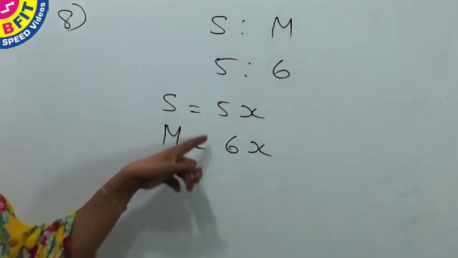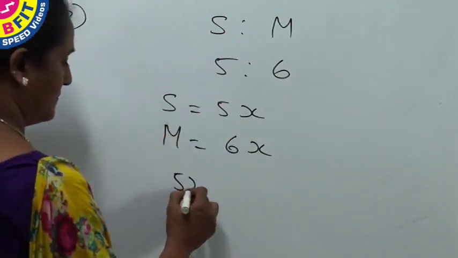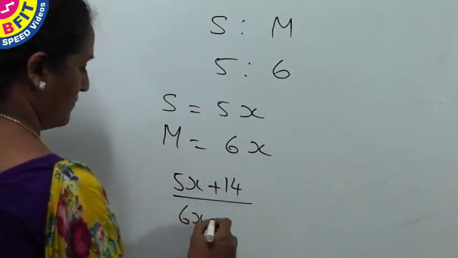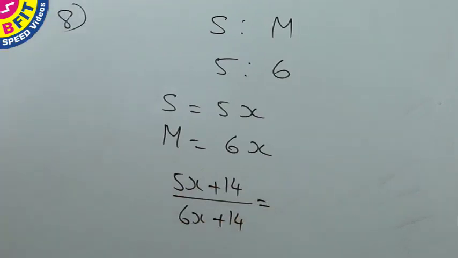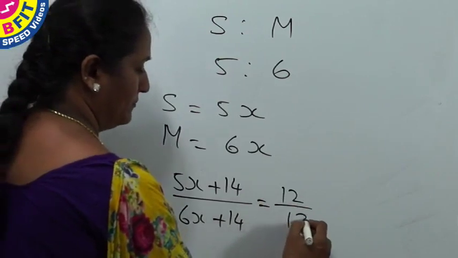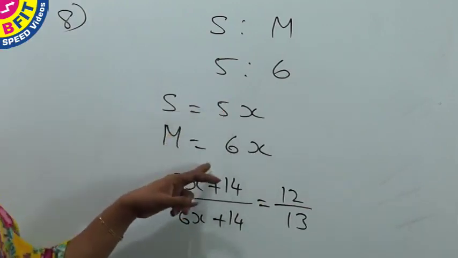So for each person, 14 is added. So this is equal to 12 by 13. Now expanding, we can find the value of x.